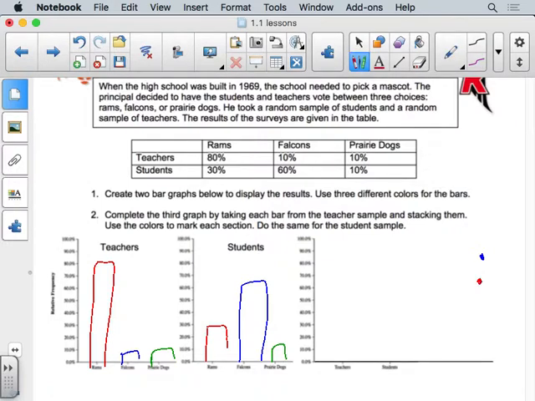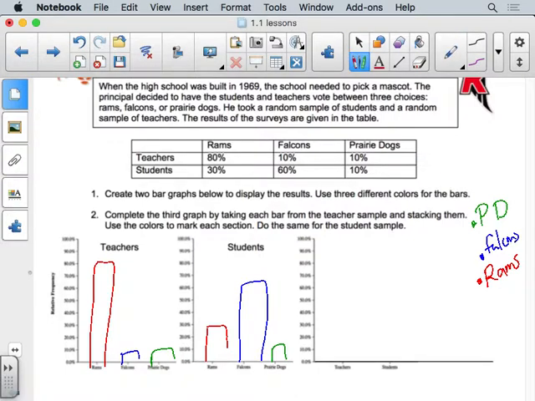The red was for Rams, the blue is my Falcons, and the green was Prairie Dog. I'll just say PD, Prairie Dog.